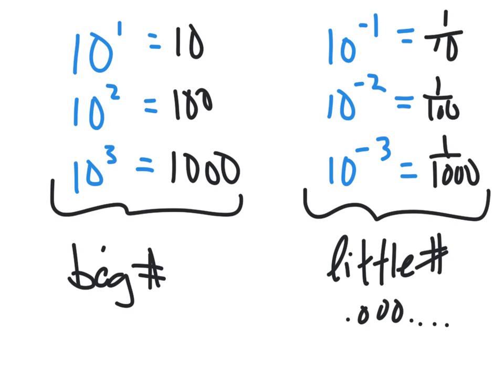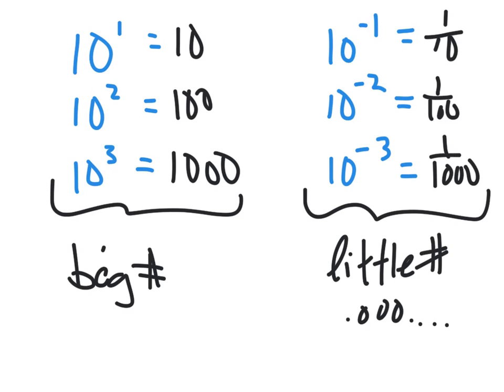So when it's 10 to a positive exponent, we're talking about big numbers. We're talking about multiplying by one of these things over here. When it's something times 10 to the negative, we're talking about a little number here. So positive exponent goes with a whole bunch of digits before the decimal point. 10 to the negative exponent goes with a decimal point, then a bunch of zeros, and our two numbers at the end.